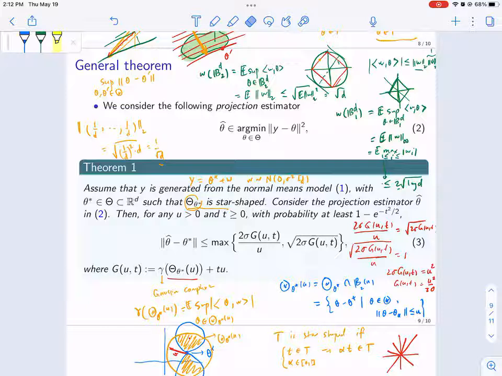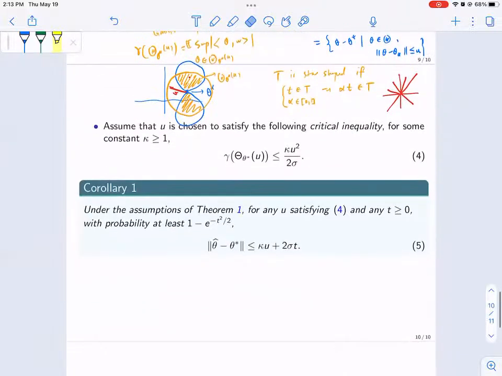There is a trade-off. This term is going to go down if I increase u, and this term is going to go up. So we're going to balance the two out. By balancing, you can just set them equal and solve for u. There's a slightly better way of doing it to also take care of this issue. So what we do here is we state this result.